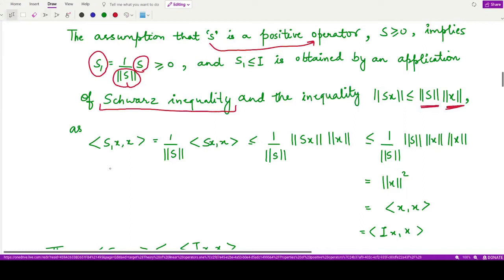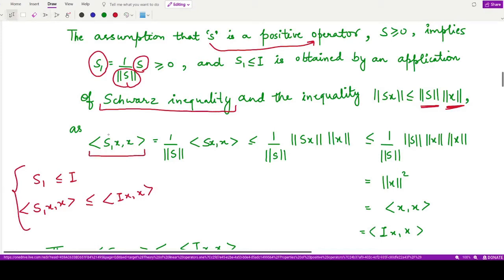So we'll prove that S1 is less than or equal to the identity operator using the inner product. We'll be proving that the inner product of S1x with x is less than or equal to the inner product of Ix with x. This is our aim here. In order to prove that, we consider the inner product of S1x with x.